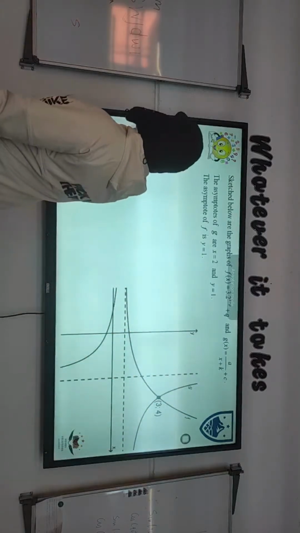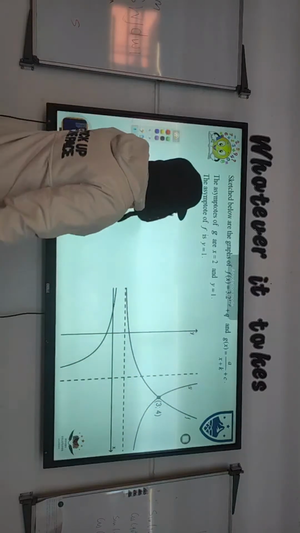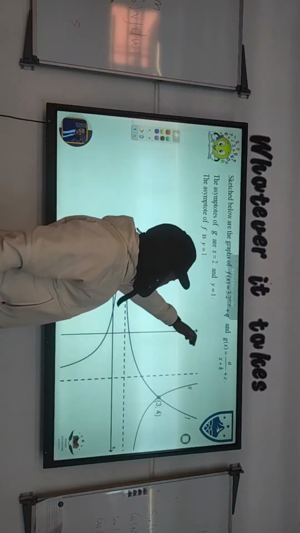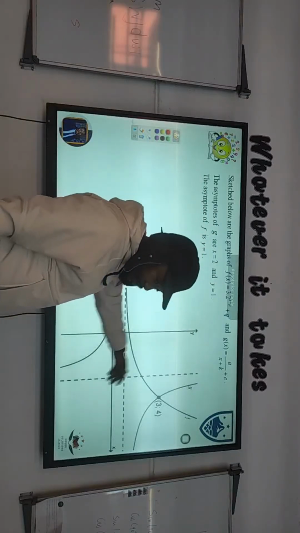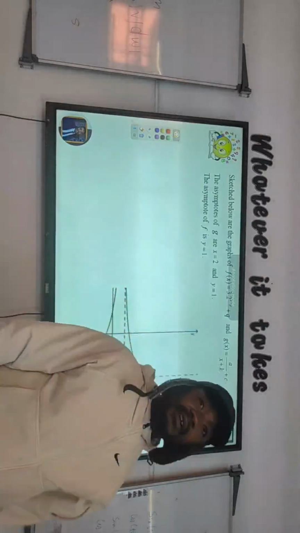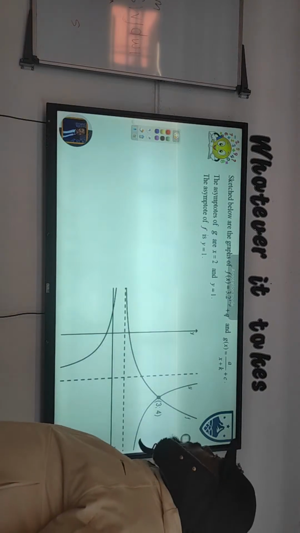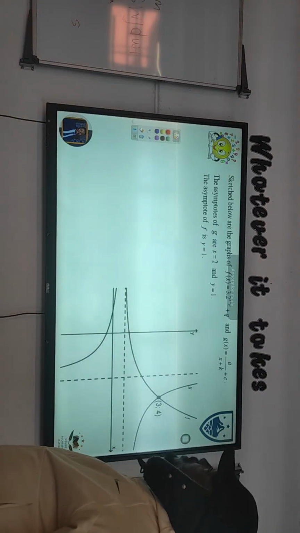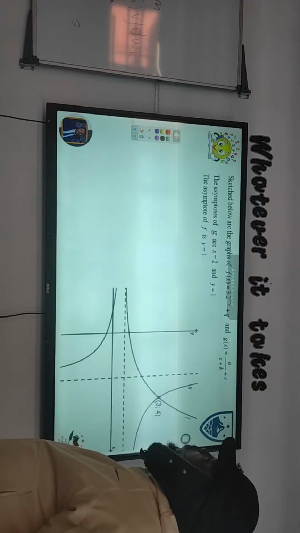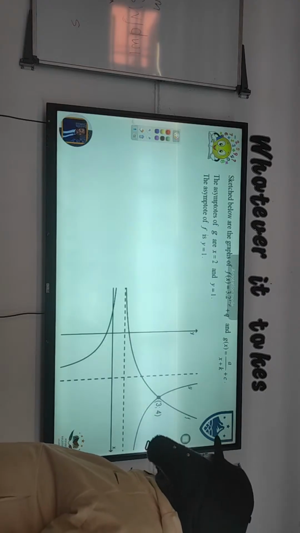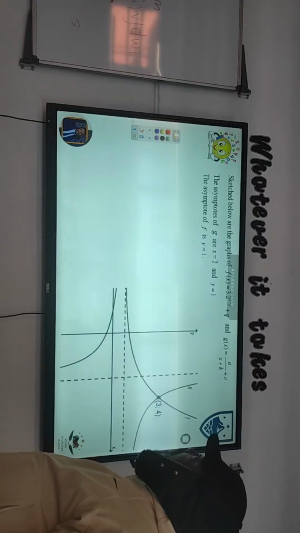Just know what you are given. So we have an exponential graph, and then we also have a hyperbolic graph. So we have two different graphs, and you are also given that the asymptotes of G are given as x equals to 2, y equals to 1.